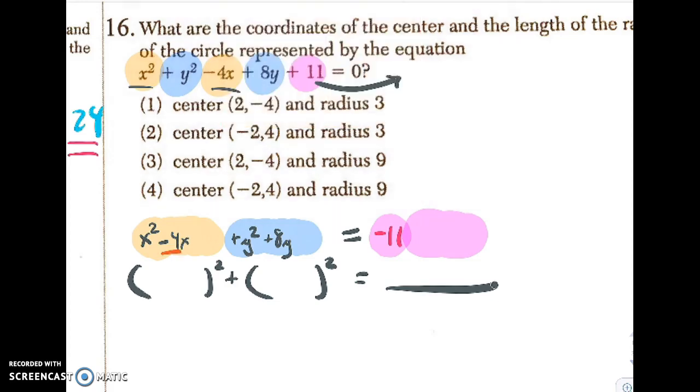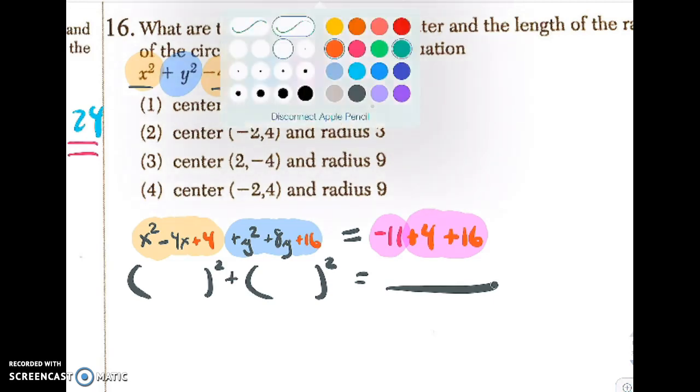Now I take half of 4, which is 2, and square that. 4. But whatever I do to one side of the equation, I have to do to the other. I'm going to take half of 8, that's 4. Now I have to square it. 16. Whatever you do to one side, you have to do to the other.